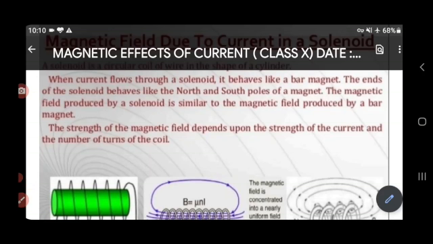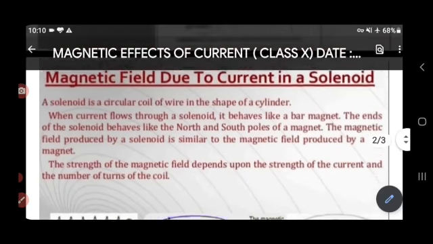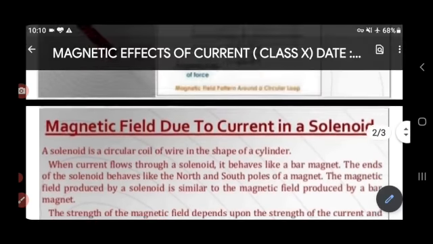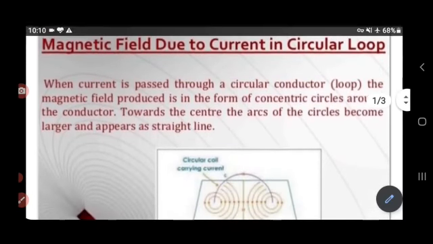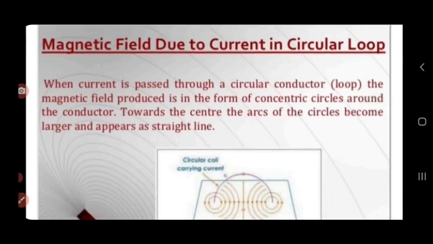Let us consider this straight conductor, and some iron filings are kept on this cardboard, and this wire is connected to a battery. So when electric current is passed through this wire, then this wire is converted into a magnet.